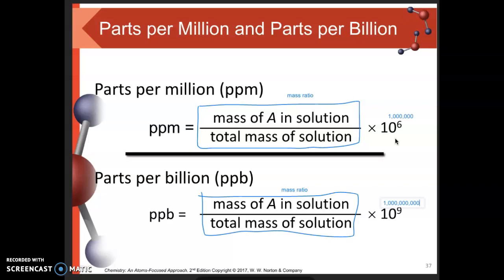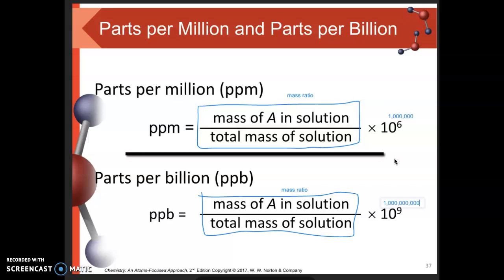But when I get into things that are in smaller quantities, parts per million and parts per billion become a lot more prominent, because that 10,000-fold difference between percent and parts per million is significant. If I want to know the concentration of lead in my drinking water, hopefully that number is pretty close to zero.